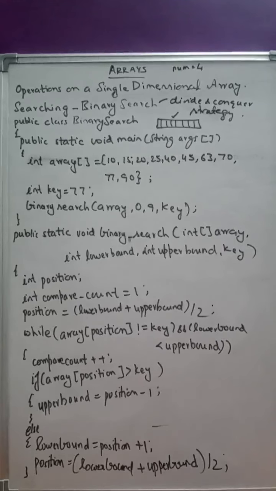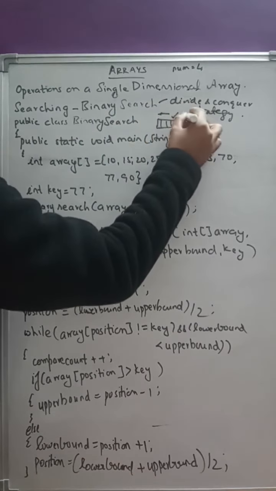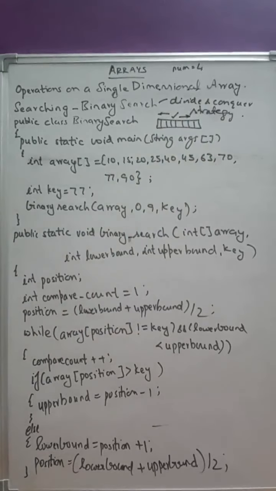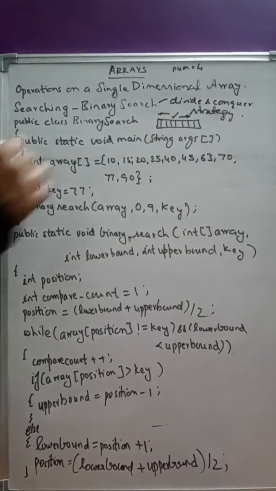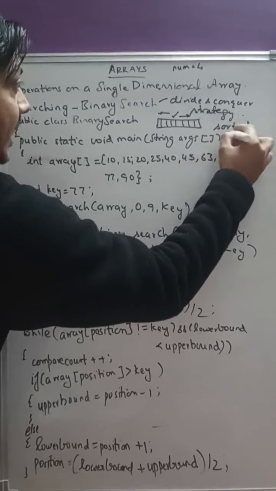After comparing it with the middlemost element, you will be able to find whether the number is on the left or on the right of the middlemost number. And how can you find this? Because in the binary search technique, you need a sorted array.